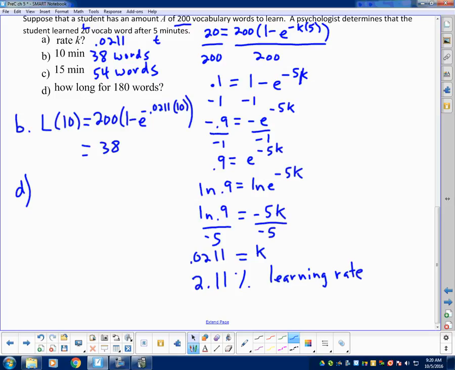You're going to replace L of t with 180, and then we have 180 equals 200 times 1 minus e to the negative 0.0211. This time, I'm not solving for k, but I'm solving for t. But it's an equivalent process to what I did here. It doesn't matter if it's k or t that I'm solving for.